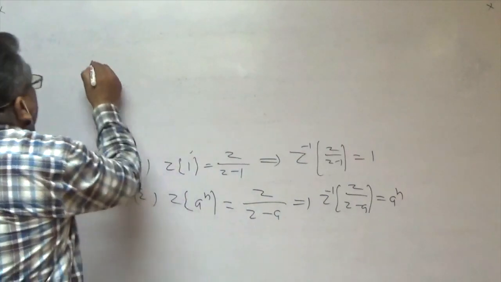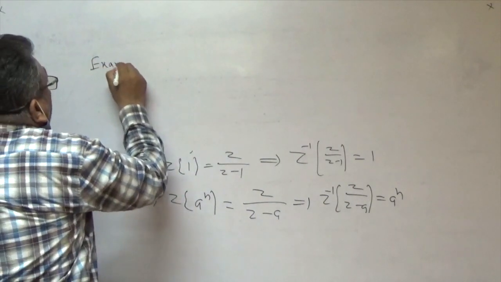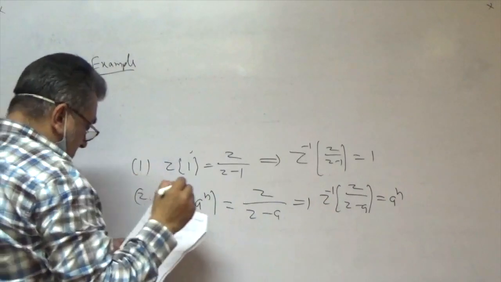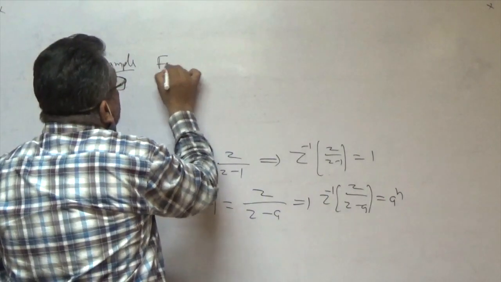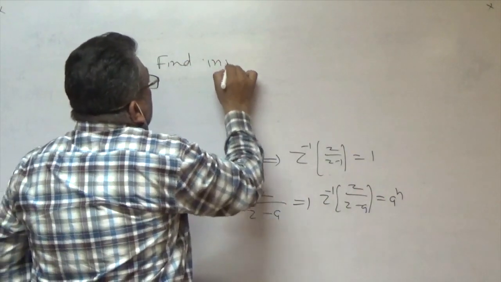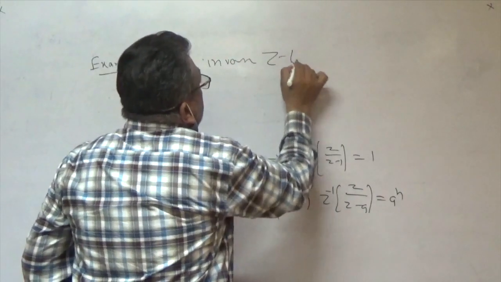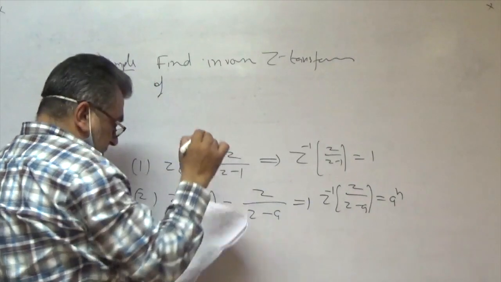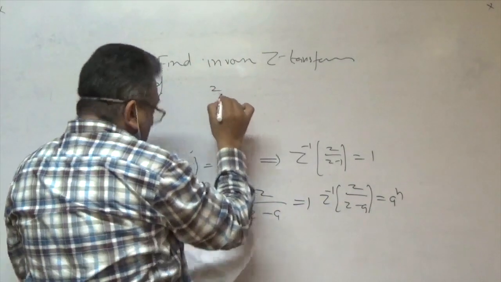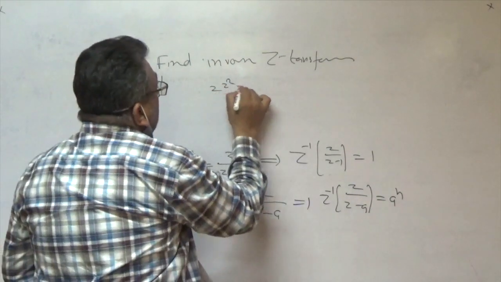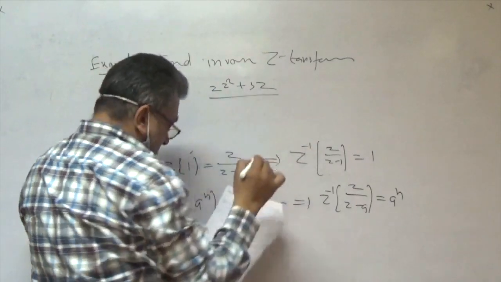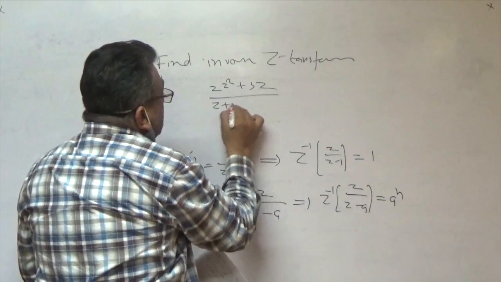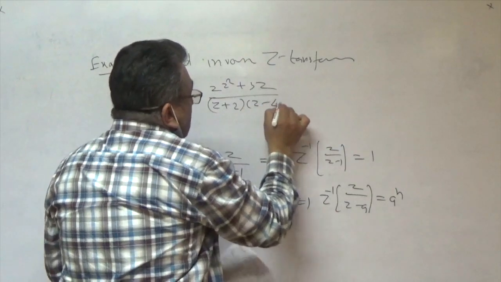For example, find the inverse Z transform of the function 2z square plus 3z upon z plus 2 upon z minus 4.